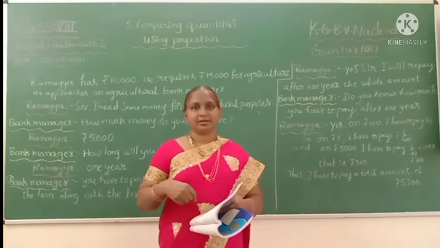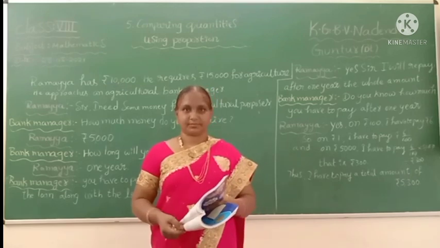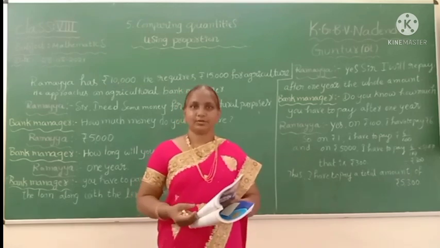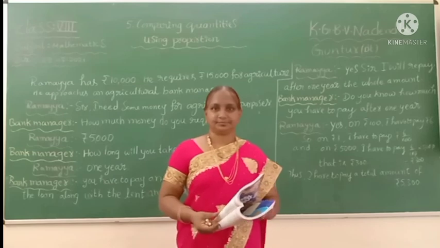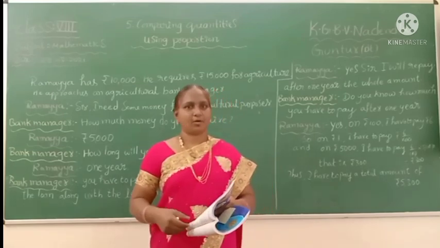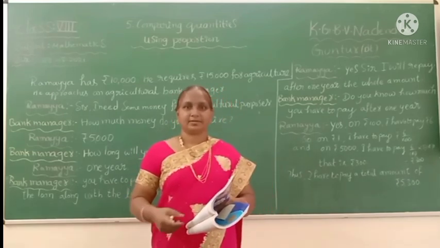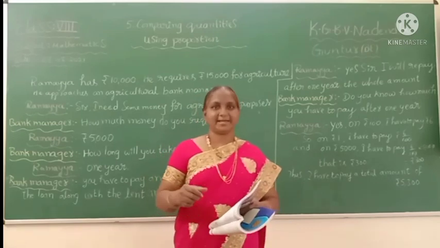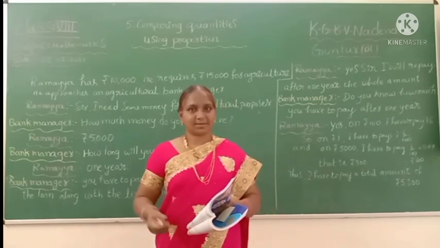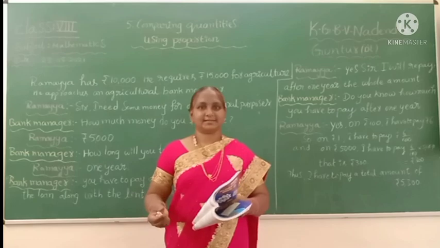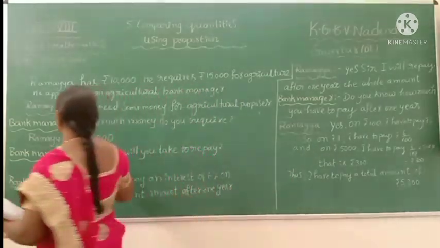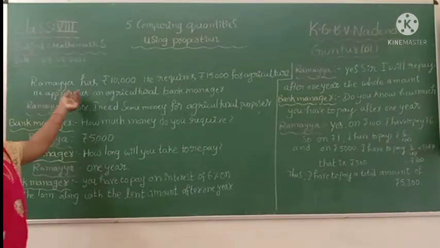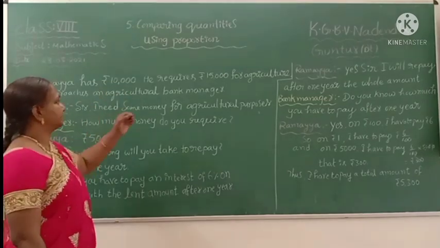The government uses the collected tax amount to serve the people. How to serve the people? To construct roads, arrange the street lamps or water supply. Okay, like this. See the conversation. Ramaya has 10,000 rupees.